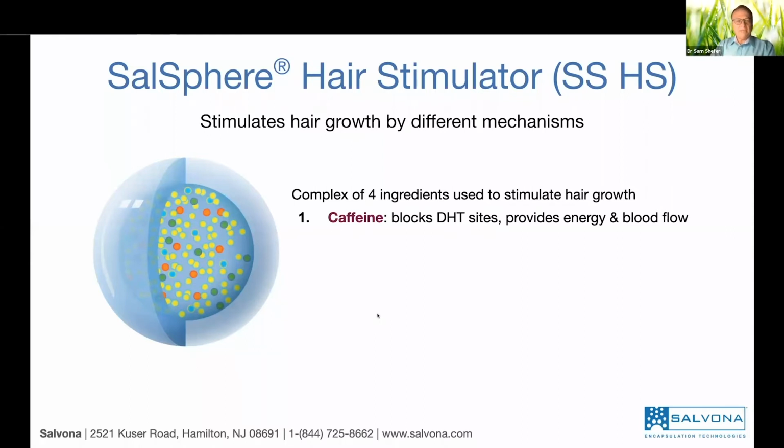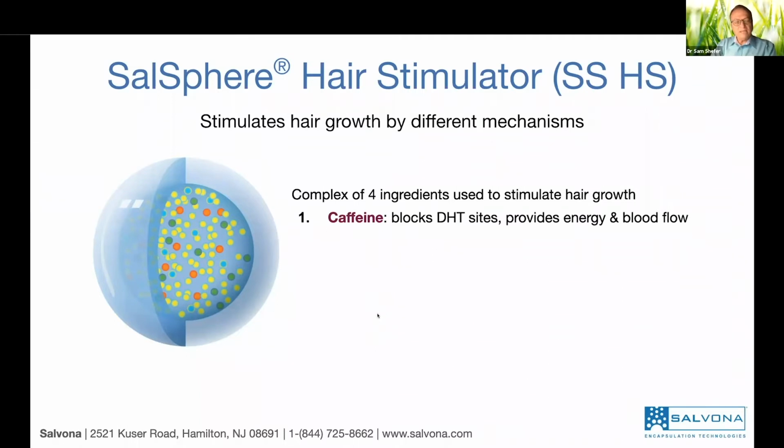Ingredient number 1 is caffeine. You're probably familiar with the caffeine effect on skin. On hair, we know from basic science that it blocks the DHT site. We also know that caffeine provides a lot of energy, and caffeine is also affecting the blood flow.